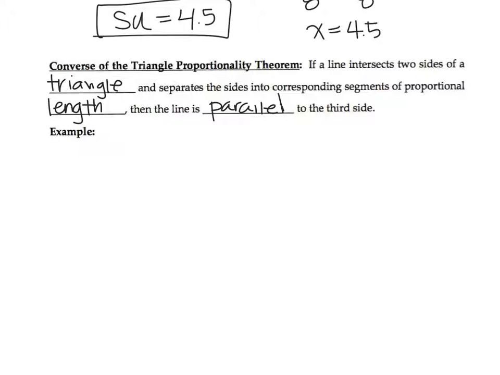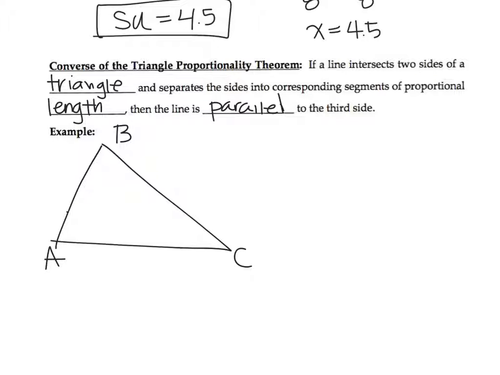In our triangle proportionality theorem, we knew the line was parallel and we used that to get proportional lengths. But now we're starting with the opposite of that, the reverse. We're starting with the proportional lengths and using that to say that the line is parallel. So if we use the same triangle as before, triangle ABC, and we have our segment DE.